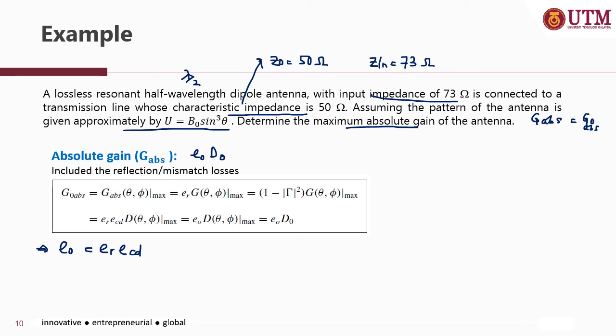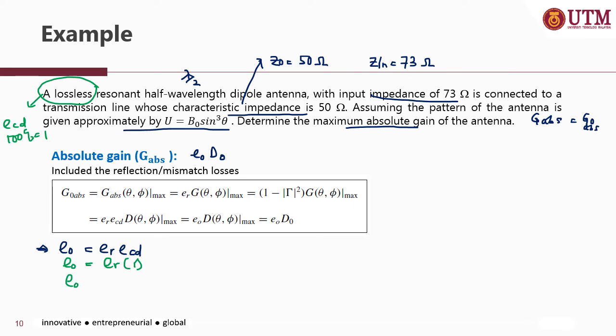In this case, since it is mentioned the antenna is a lossless antenna, meaning that the antenna is completely efficient, the radiation efficiency ECD is 100% or equal to 1. So E naught equals ER multiplied by 1.